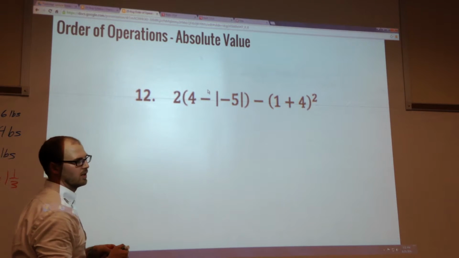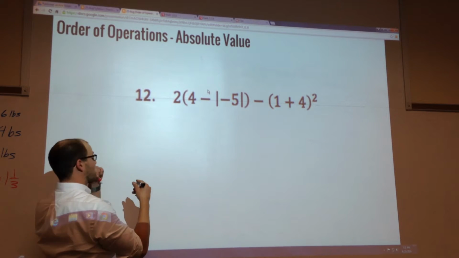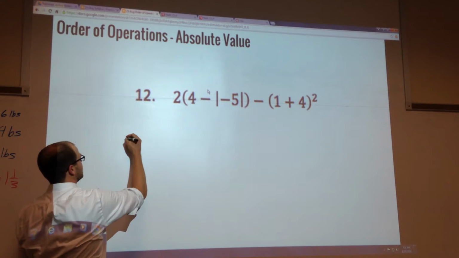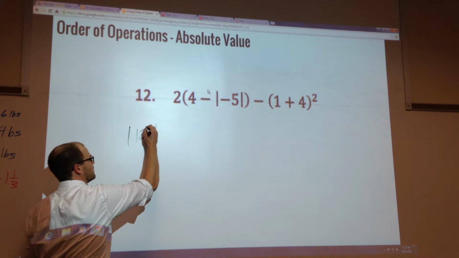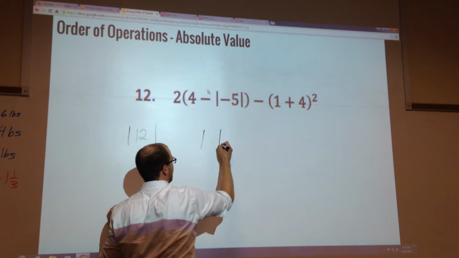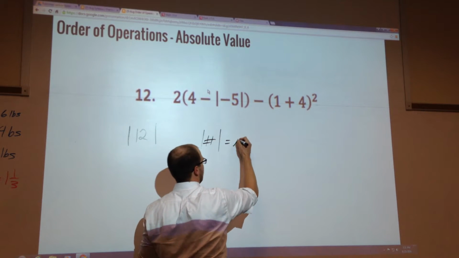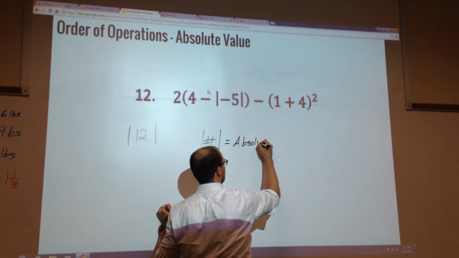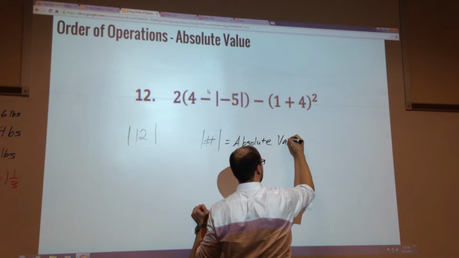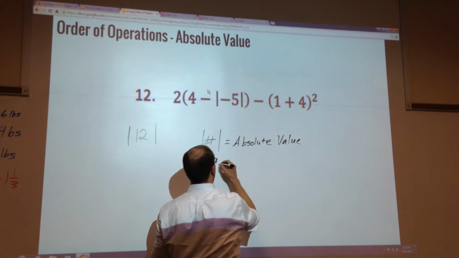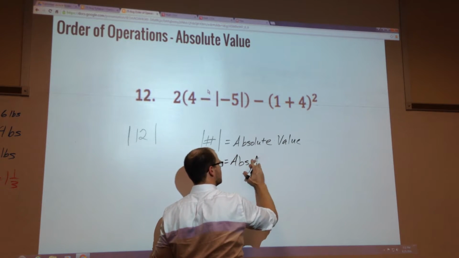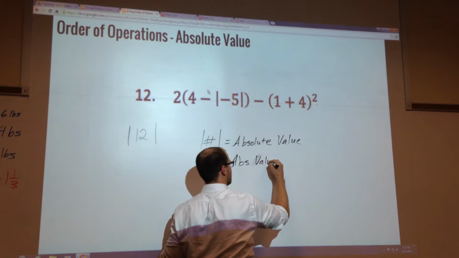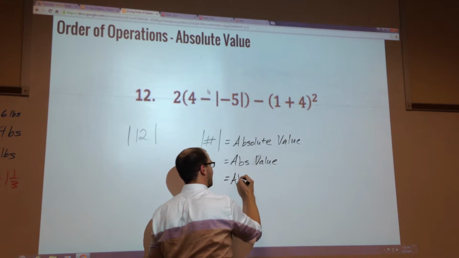What this means is it's a function. Whenever you see a function that has these two vertical lines and some number inside of it, what this is measuring is really absolute value. You'll see it shortcutted as abs value sometimes on some of the calculators. You also just see it shortcutted as abs.